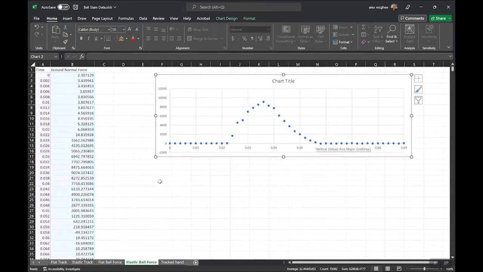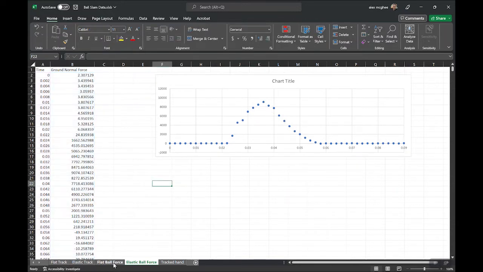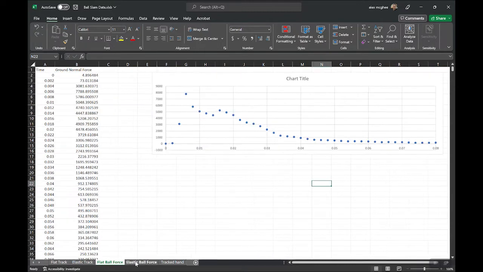Okay, so we need to find the energy coming in and the energy leaving, right? And all we have is force over time. So what are we going to do? Well, we have a formula that says the force times the change in time is equal to the change in momentum, right? Let's write it down here.